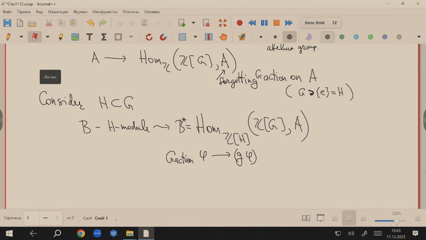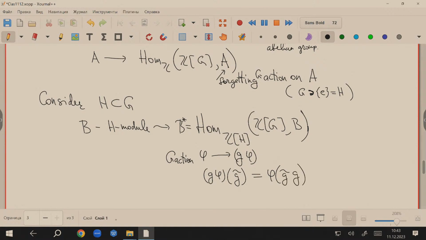Ну, H-модуль, да, вот сюда ставите H-модуль, чтобы ZH действовало тривиально. And the action of G here is just saying that (g phi) applied to g tilde is equal to phi applied to g tilde g.